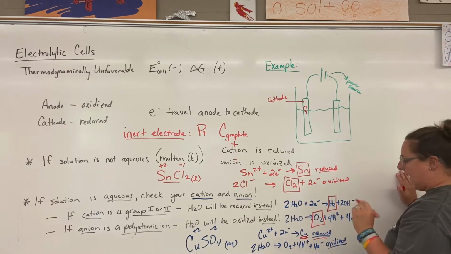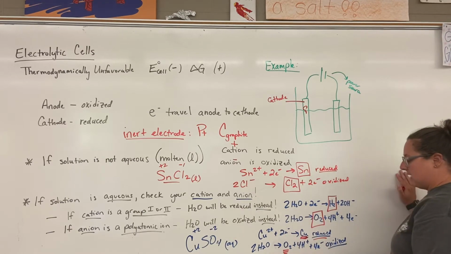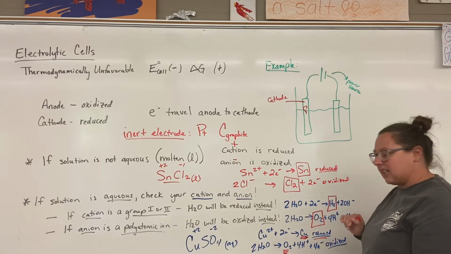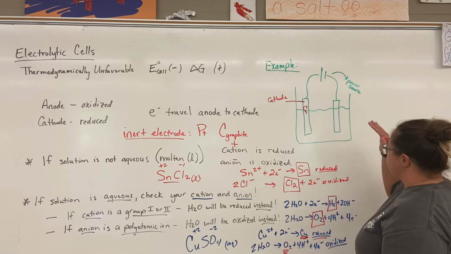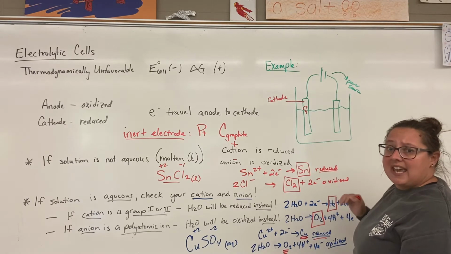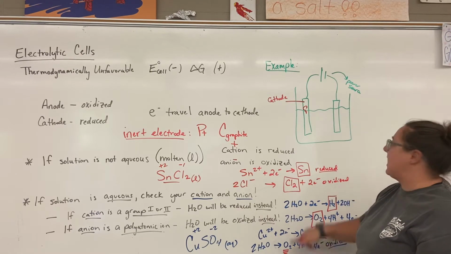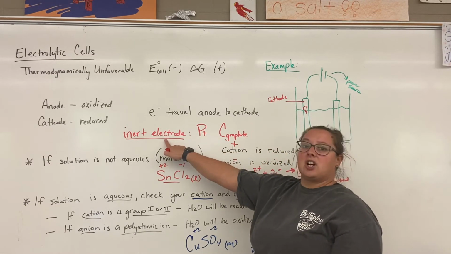What will be our anode? Now, normally we would say, okay, well, O2 is the species that is oxidized, that will be our anode. But because oxygen is a gas, we cannot use it as our electrode. Instead, we have to use one of these inert electrodes.